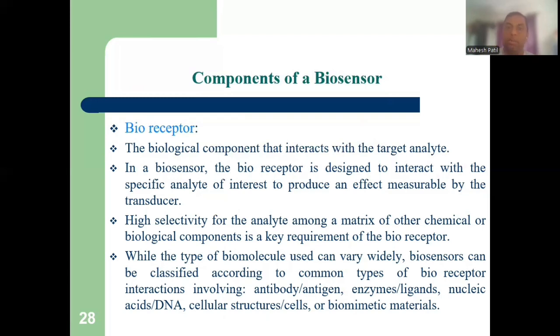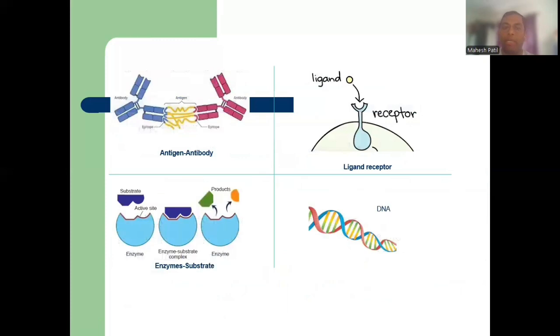So we can see this combination here: antigen-antibody, ligand-receptor, DNA, cell, enzyme-substrate. These are a few types of bioreceptors present in biosensors. Here the analyte is interacting and communicating with the bioreceptor, and a reaction happens.